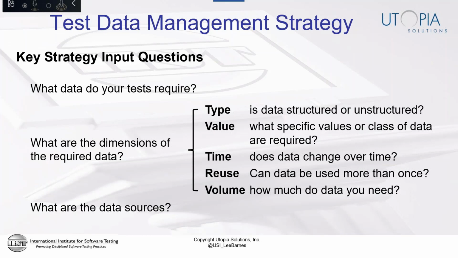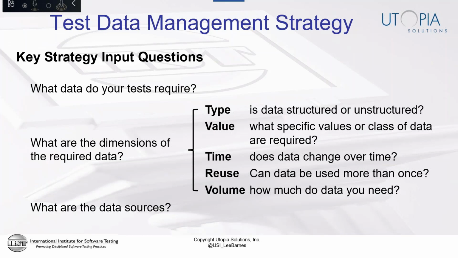A lot of times when we have tests that pass for a period of time and they suddenly start failing, time turns out to be the culprit. Maybe the data expired, an insurance policy reached its expiration date. Maybe it's something as simple as a corporate policy that even in test environments, your test user credentials have to be updated. The passwords need to be changed over some period of time.